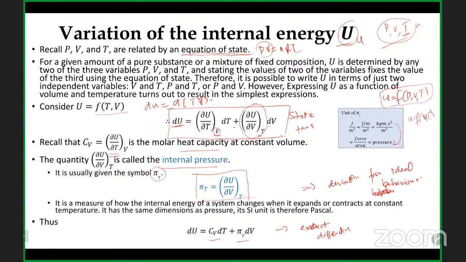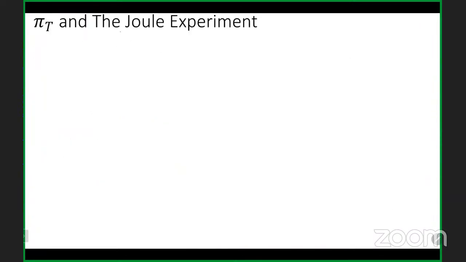How is π_T measured? The person who first tried to measure it was James Joule, I can't remember his first name, I think I have it in the notes. So how did he try to measure it?